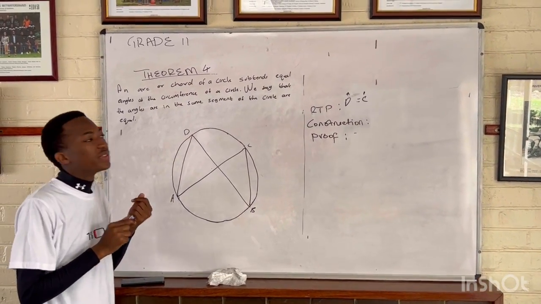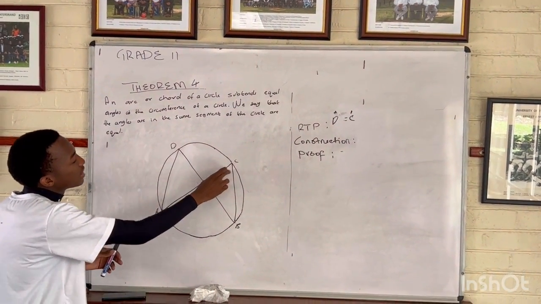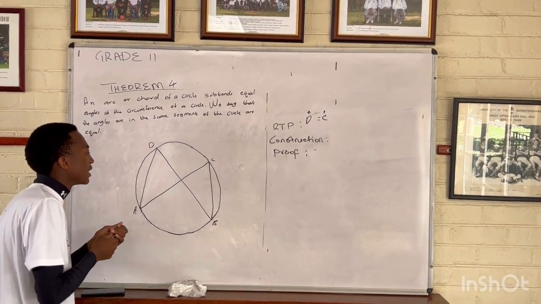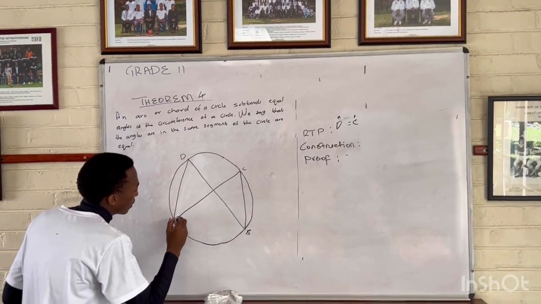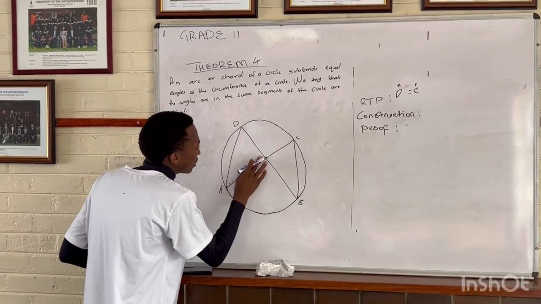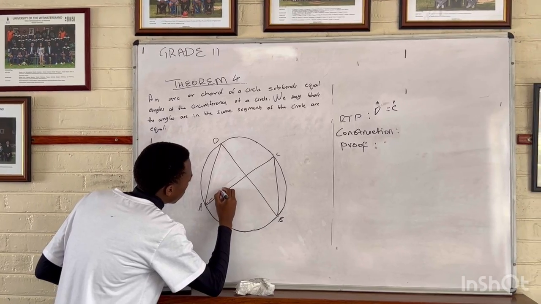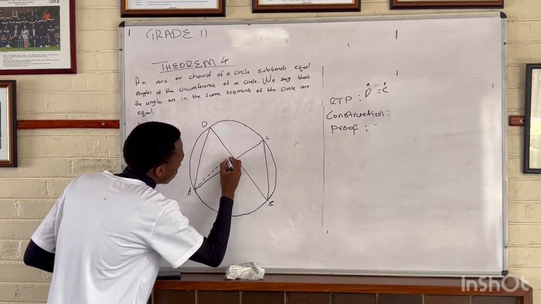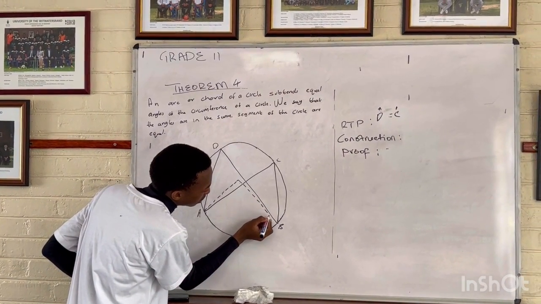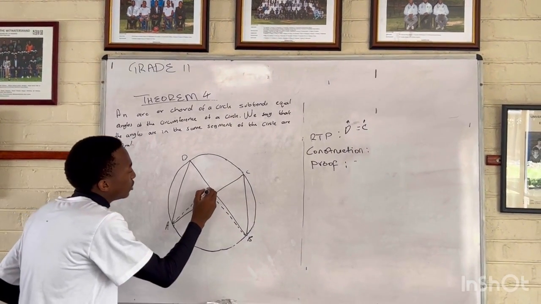We are required to prove that angle D is equal to angle C. Before we can prove it, we must construct. Okay, here is our construction.